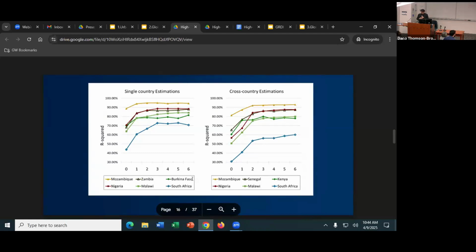I measured the progress in R squared, and the most improvement was in Malawi and South Africa. The performance improved over 20% along the way.